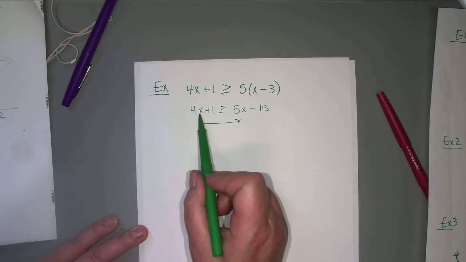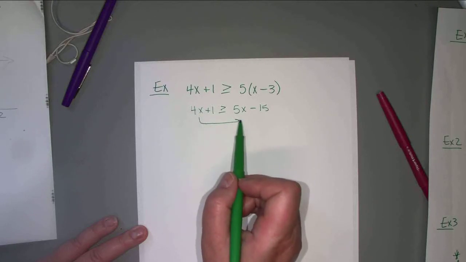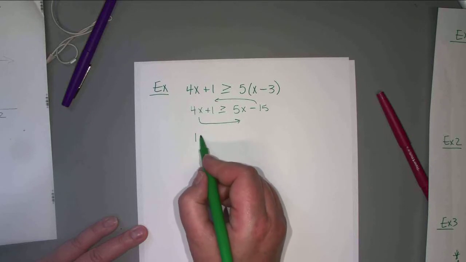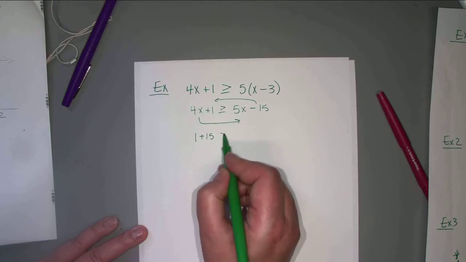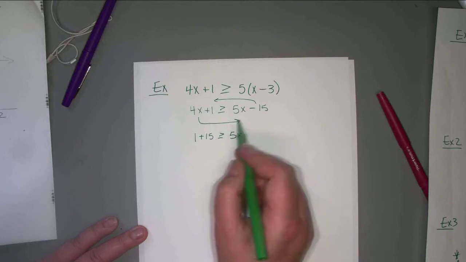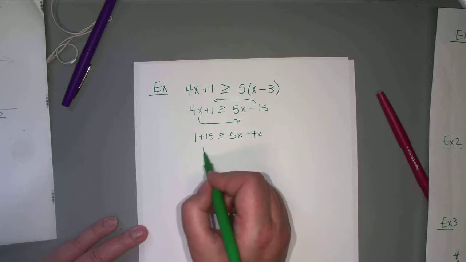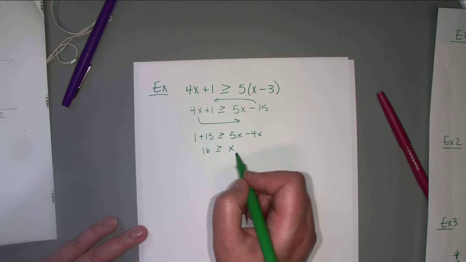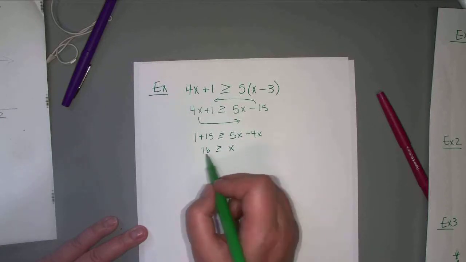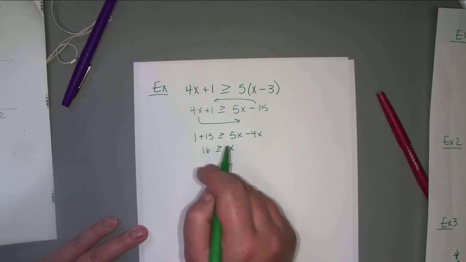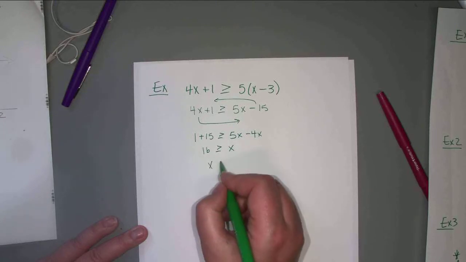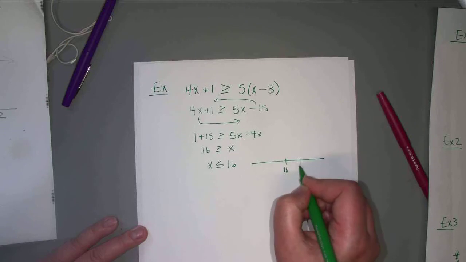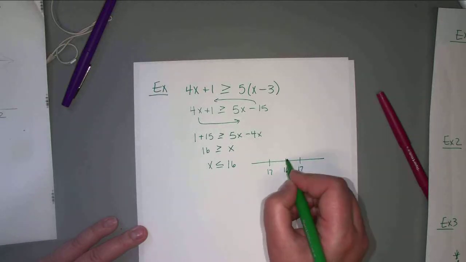So if we move the 4x over here to this side, and the negative 15 to this side, plus 15. Leaving the 5x and moving the 4x over here, then that makes that x positive, so we don't need to worry about switching the sign, but this is backwards, so you still have to switch the sign by switching this around. So 16, and we want x less than or equal to 16.